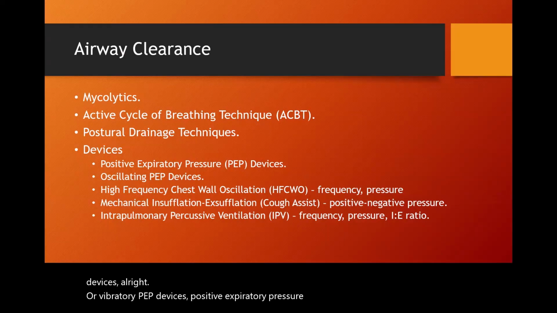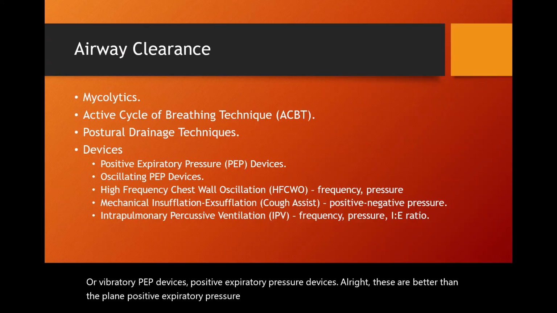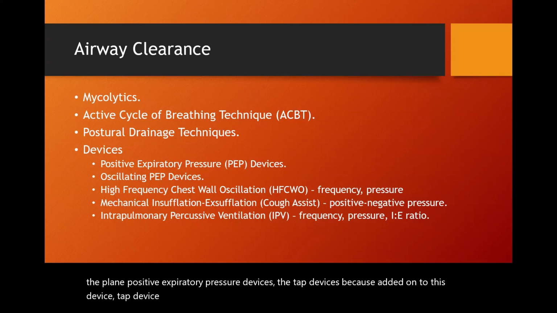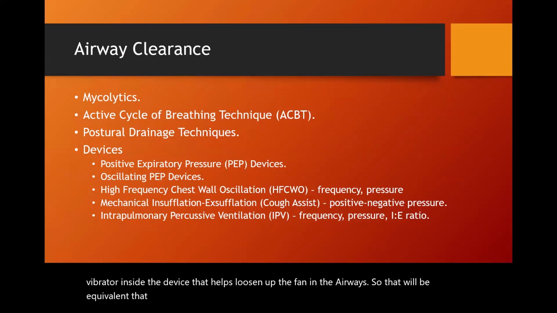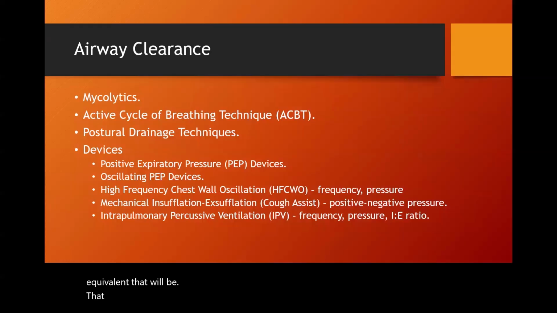These are better than the plain PEP devices, because added on to this device is oscillation. When one breathes out through the device, there's a vibrator inside that helps loosen up the phlegm in the airways. So that will be equivalent to the percussion, the vibration, and the compression.